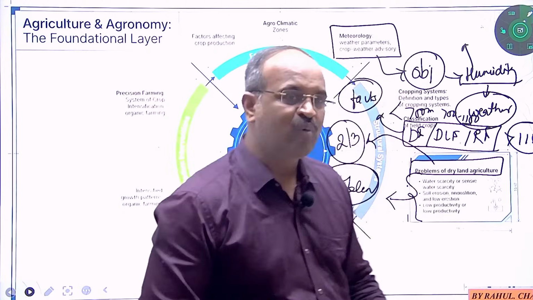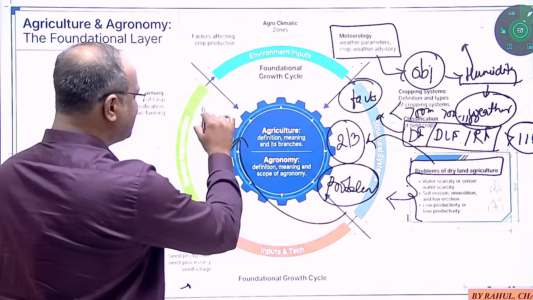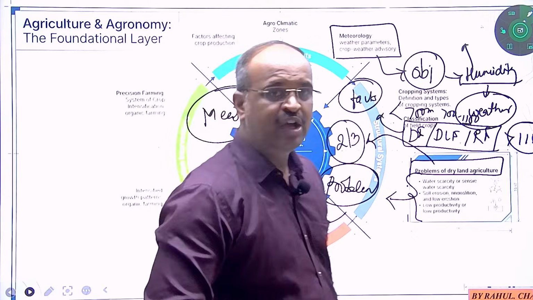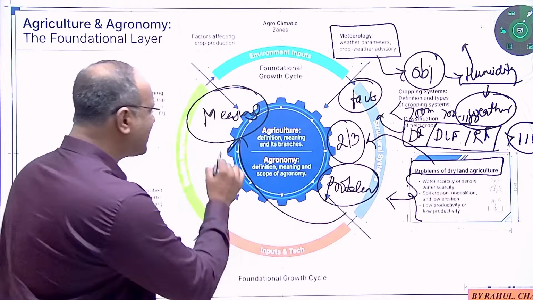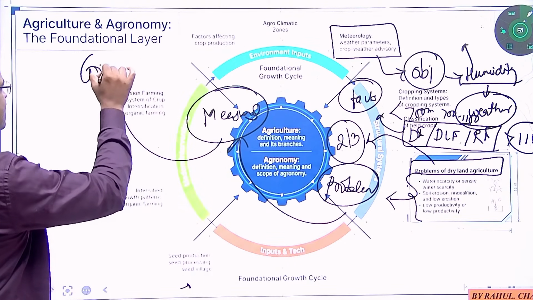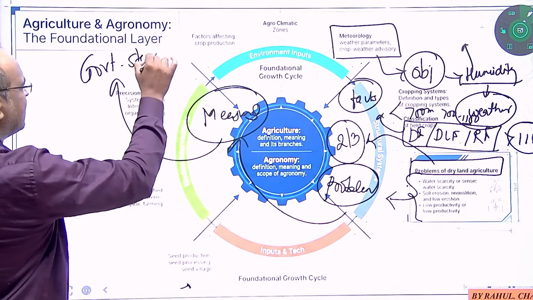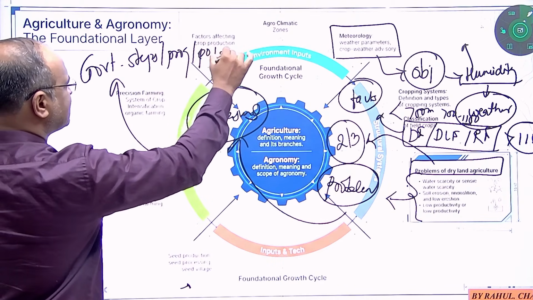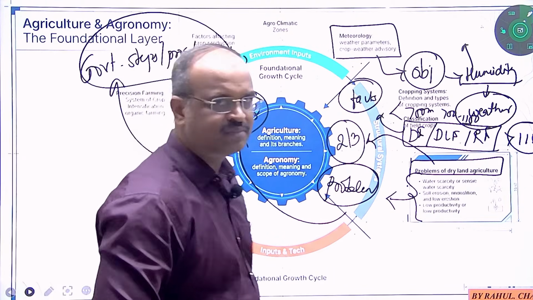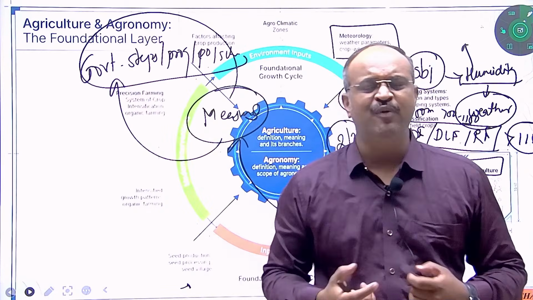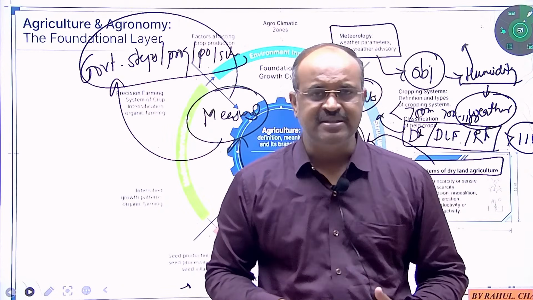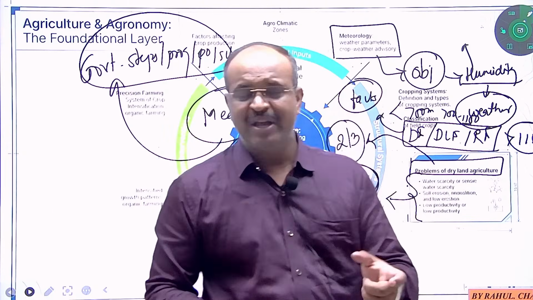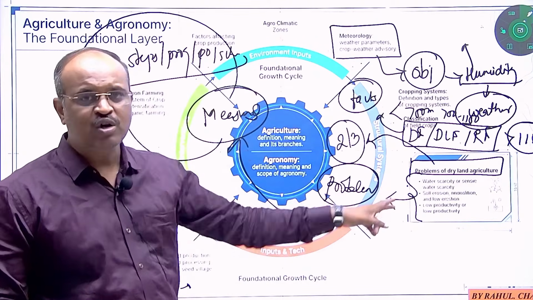We need to understand what measures are necessary to be taken with respect to dryland farming, or what are the government steps, programs, policies or schemes related to dryland farming. Yes, of course, the government of India has been focusing on dryland farming since independence. Why? Most of the area was under dryland agriculture, remember. So because of that, you need to focus on dryland farming.